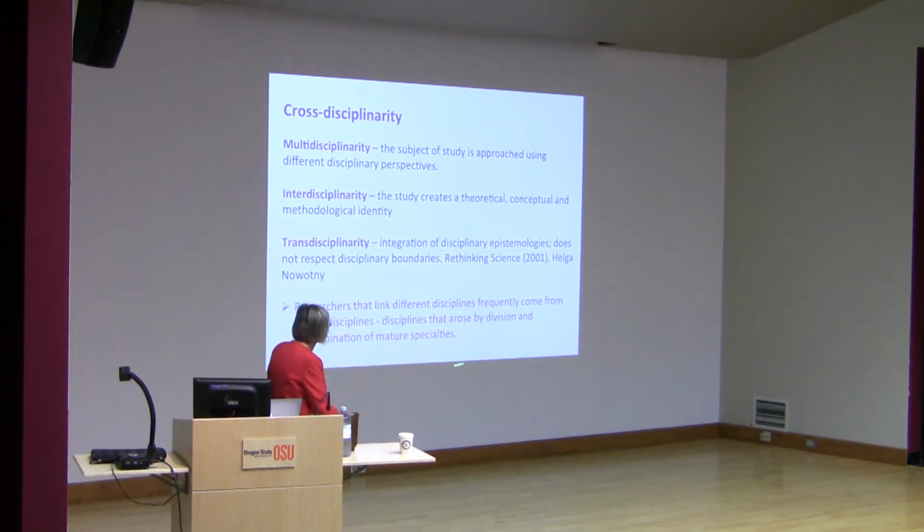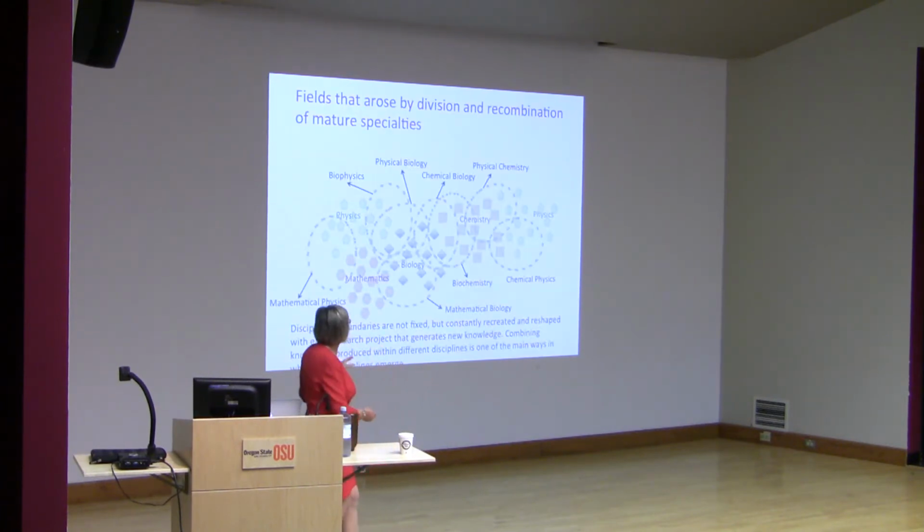Now, the people who link different disciplines frequently come from hybrid disciplines. And what hybrid disciplines are, I've illustrated on this particular diagram. Just think of the traditional disciplines: chemistry, these are these purple squares; biology, the blue diamonds; physics, the green pentagons.